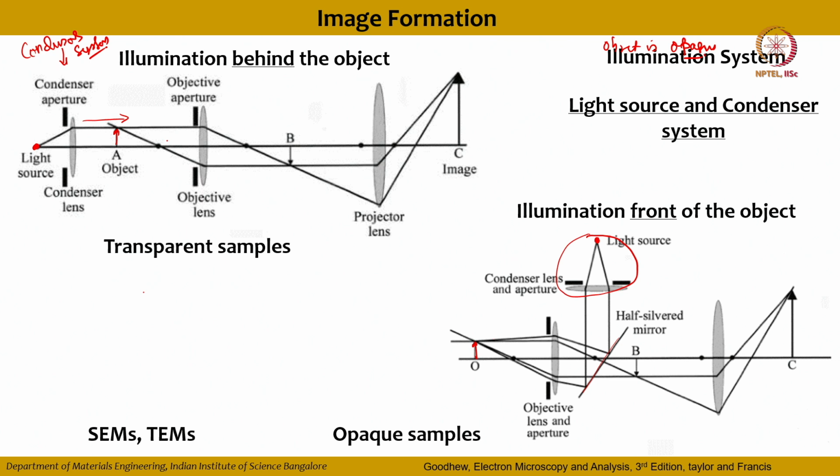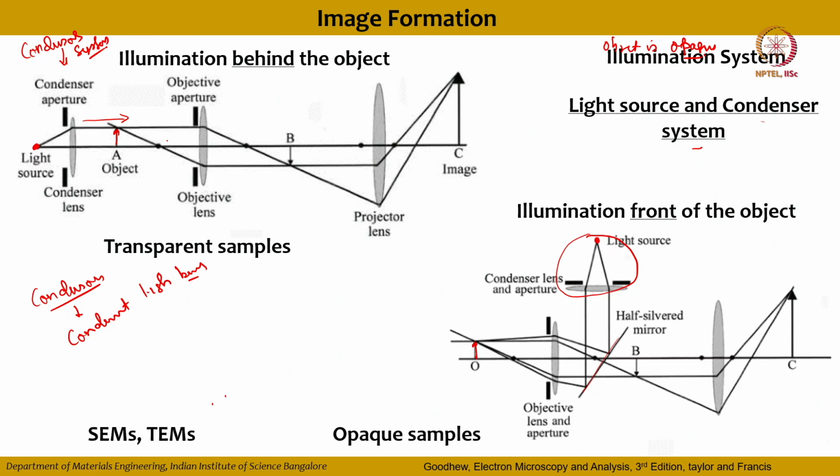Okay, so now we are introducing here a condenser system. As the name suggests, it condenses the light or the light beam. The main function of the condenser system is to condense the light, correct?